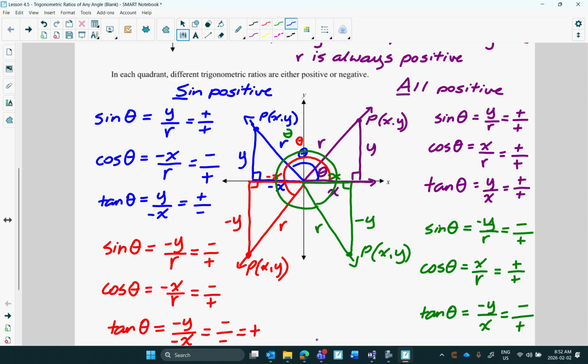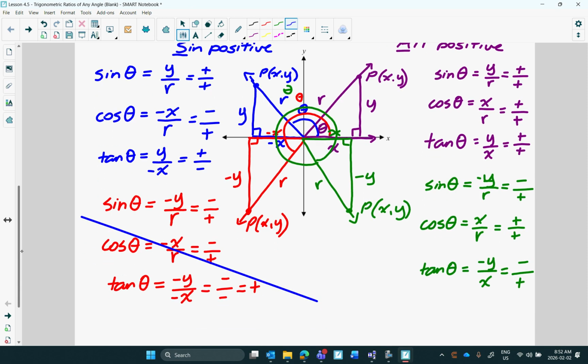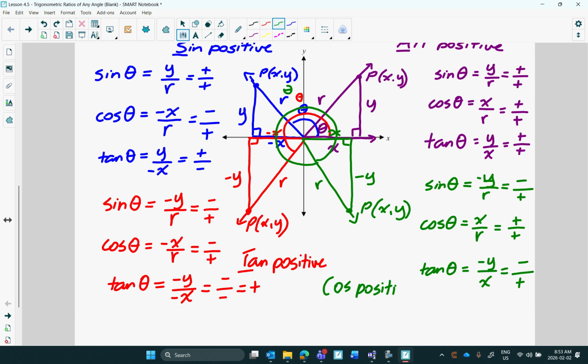In quadrant 3, only tan is positive. The rest are negative. And in quadrant 4, only cosine is positive. The rest are negative.